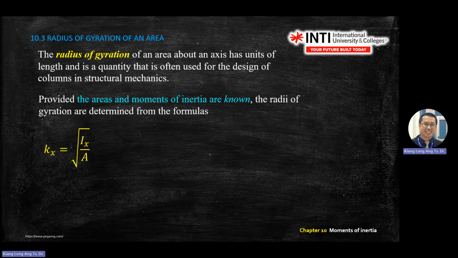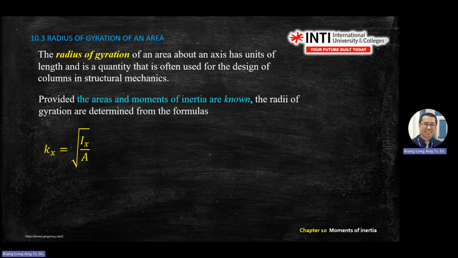Basically, if you rearrange, Ix equals A kx squared. Usually the radius of gyration will be given, so you only need to find Ix.